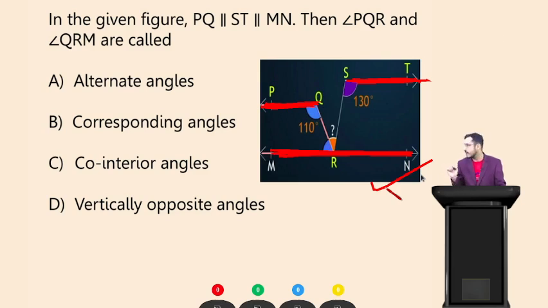Then we talk about angle PQR and angle QRM. Now you can see both are interior angles, so they are co-interior angles. Option C is the right answer here.